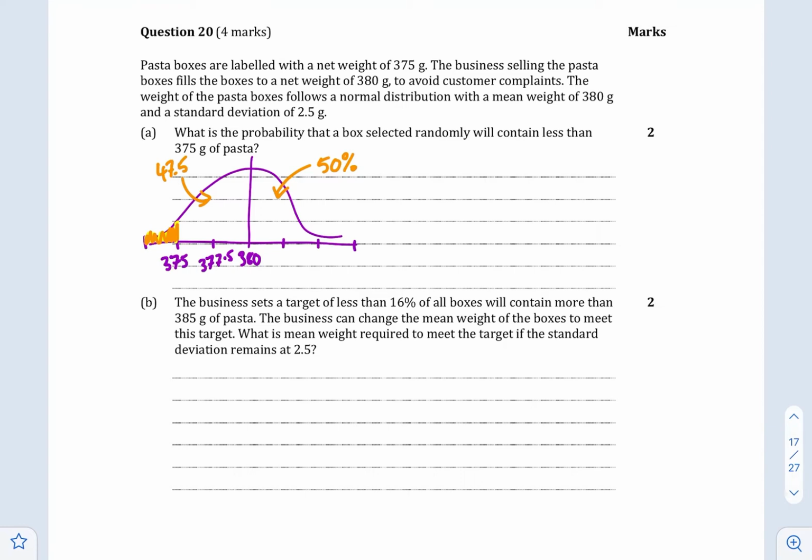If I get my 100% and I take away my 50 and I take away the 47.5, I'm going to be left with 2.5%. Another way to think about it is to ignore this side completely and just think, well, this is meant to be 50%. So if I take away the 47.5, you'll still get the same answer.